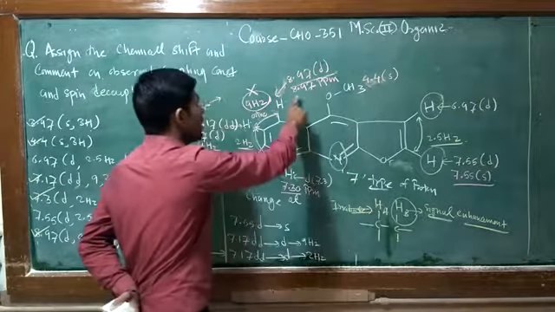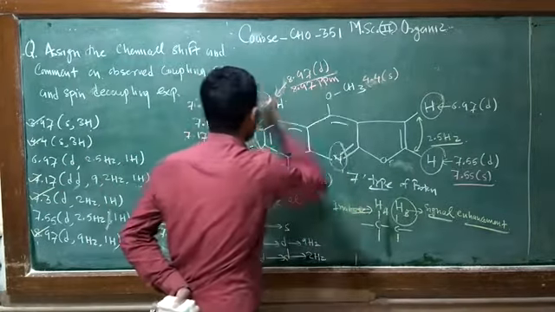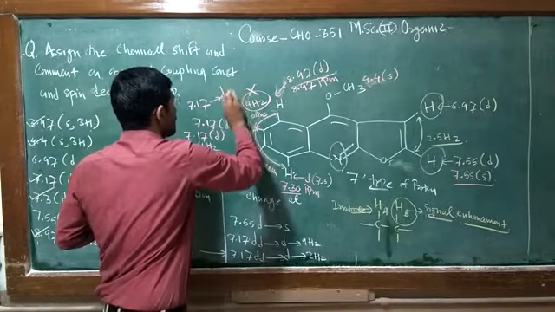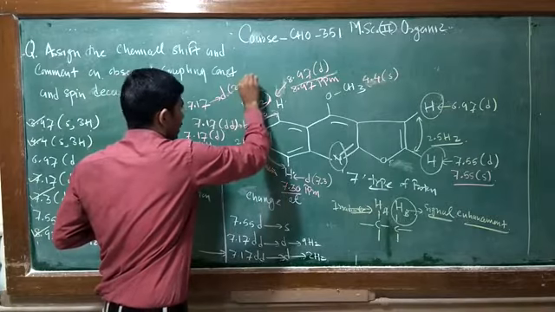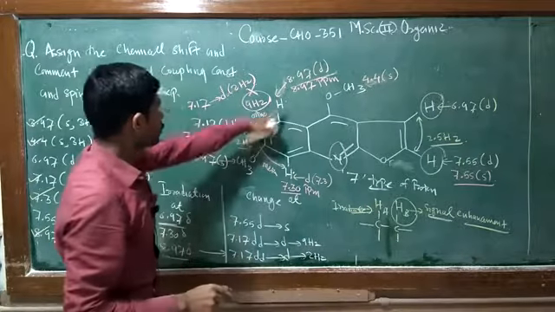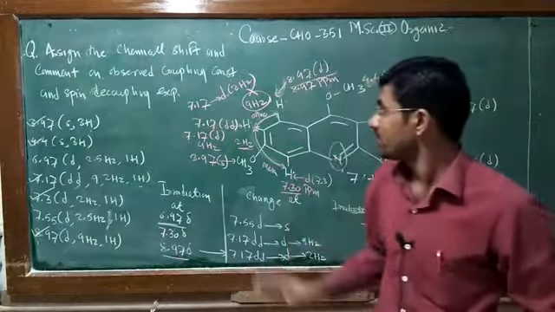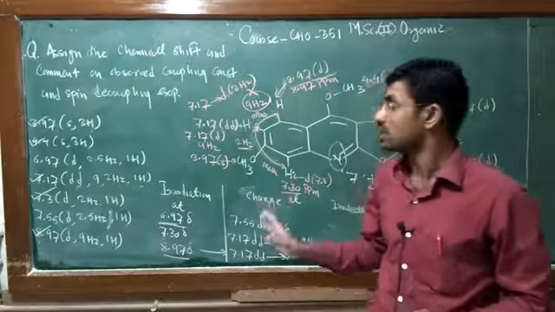The signal at 7.17 changes into a doublet with only meta coupling, that is 2 hertz. Ortho coupling of 9 hertz is not possible. Like this, we can confirm that our signal assignment is correct.